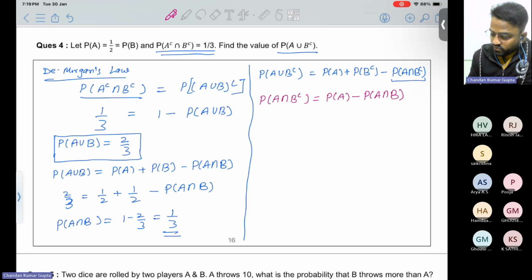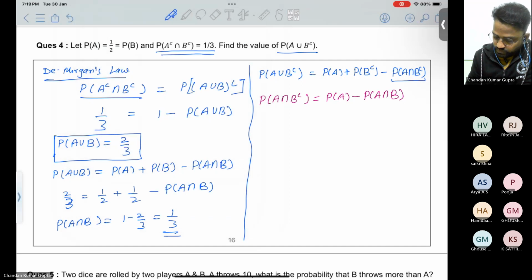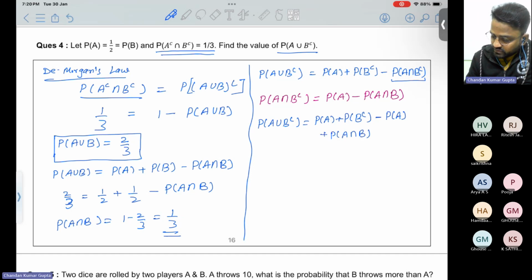Okay. So we can write this in this form. The probability of A union B complement can be written as the probability of A plus the probability of B complement minus the probability of A plus the probability of A intersection B. So the probability of A gets cancelled out.